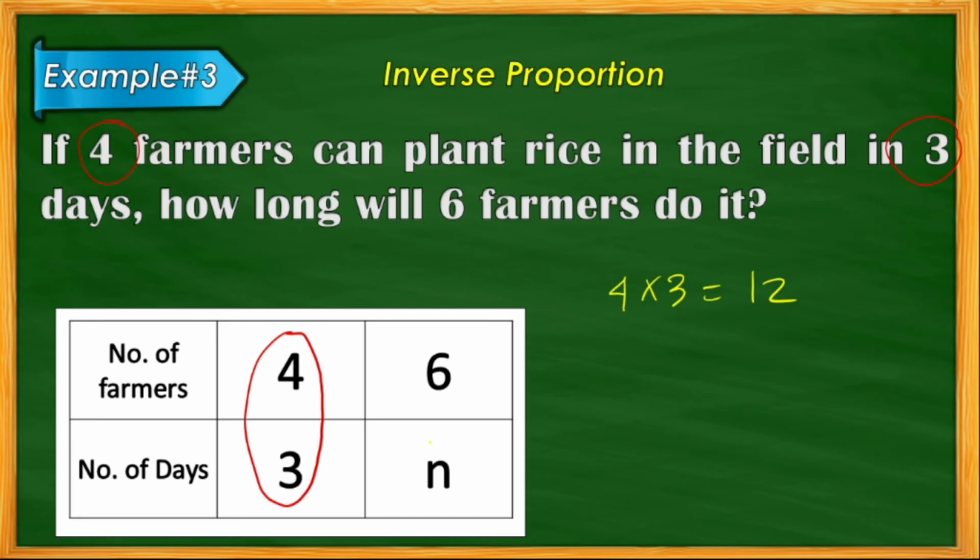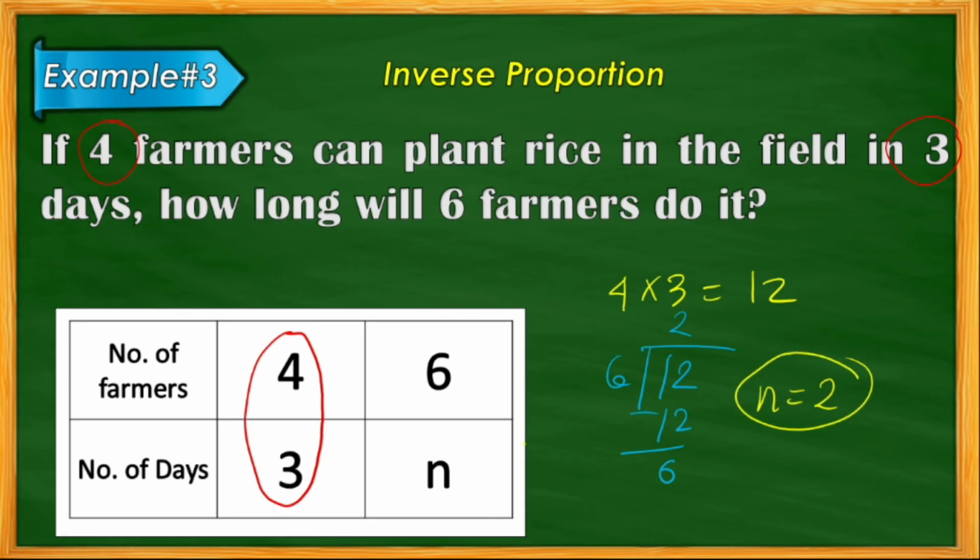And then the remaining digit is 6. So divide by 6. 12 divided by 6, the answer is 2. 2 times 6, the answer is 12. So the value of n is equal to 2.